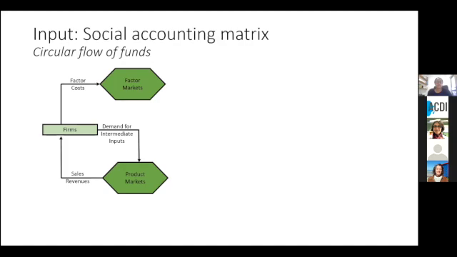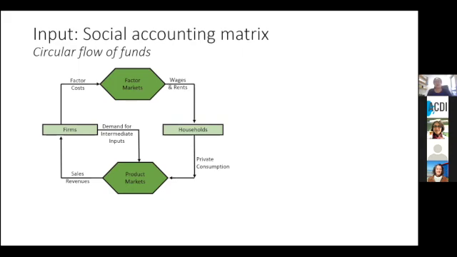But firms also interact with product markets through the demand for goods and services, which is called the intermediate demand. To produce goods and services, firms also require the use of factors such as labor and capital, in addition to intermediate goods and services. So we therefore also see a payment to factor markets. The owners of factors are households.